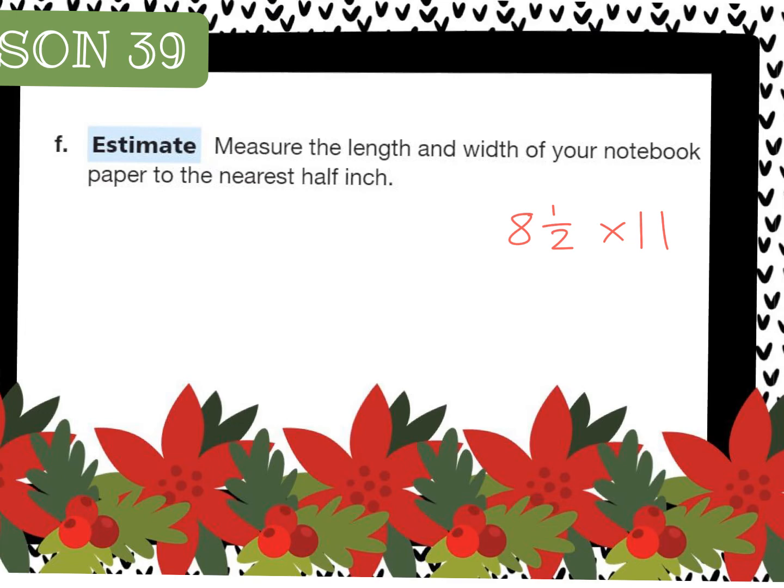The width is closer to, we'll walk it around again so you guys can see. Okay, starting here. Remember, nearest 1/2 inch. 6.5. Okay, so we're saying closer to 6.5. No, 7. It's between 7 and 8.